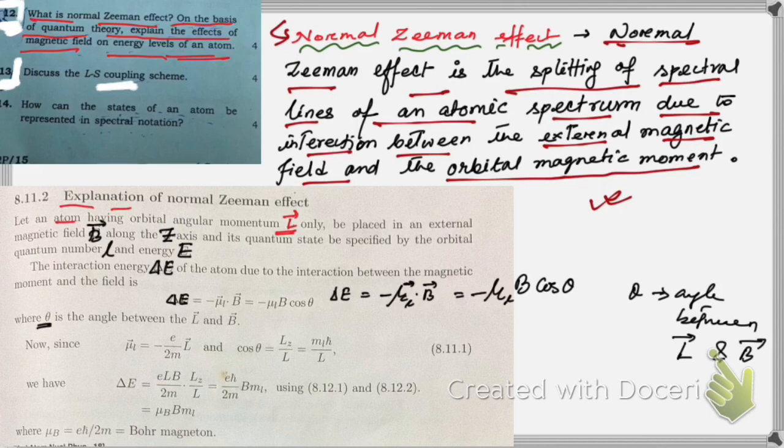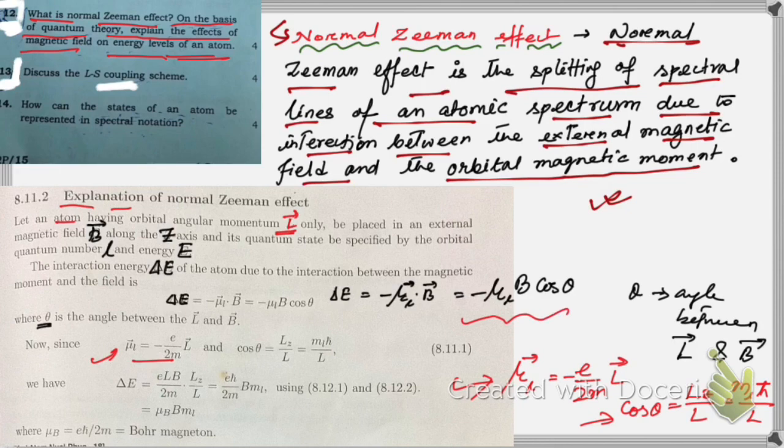Now we know the value of mu L is given by this expression. Let me write clearly: mu L is equal to minus e by twice m into L vector, and cos theta is Lz, the z component of L, by L, which is equal to ml h cut by capital L. Now let us use these two values in this first equation.